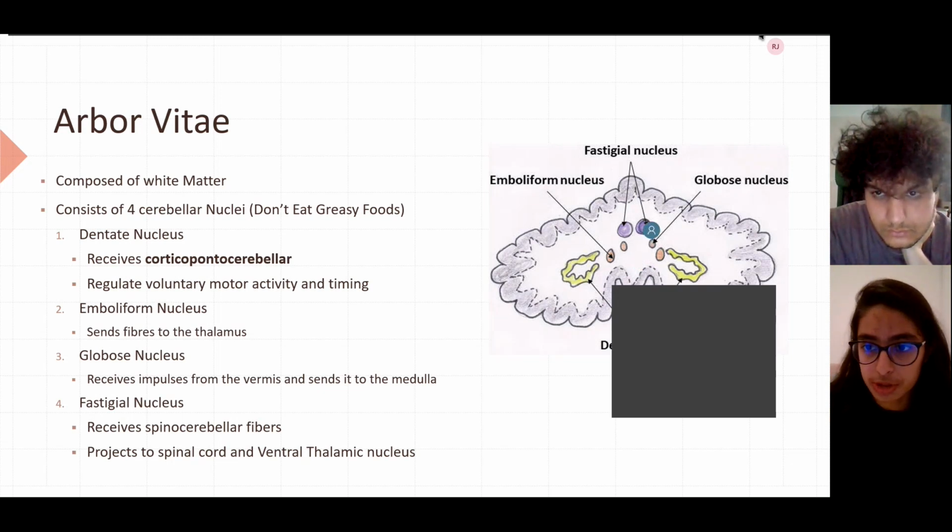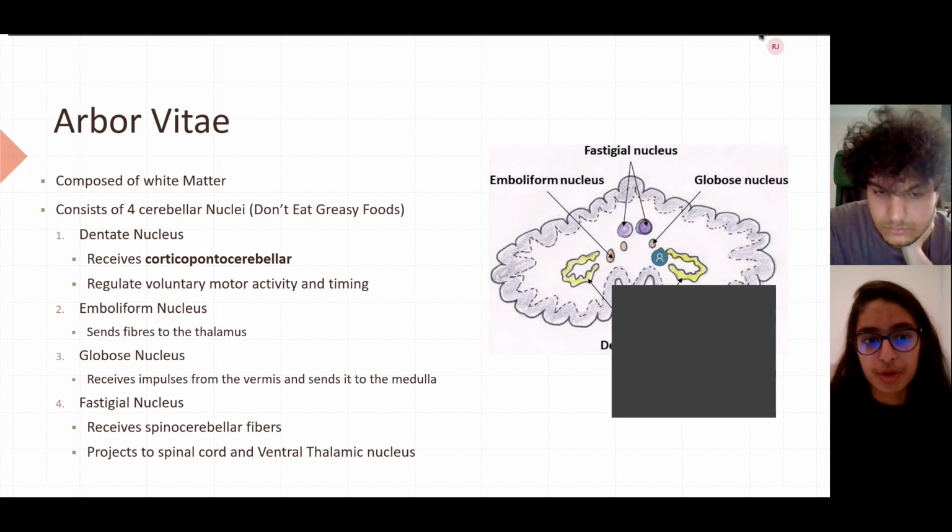Lastly, we have the fastigial nucleus, whose function corresponds with the vermis in the middle. Like we mentioned before, it receives inputs from your spinal cord as well as your main axis of the body. So it receives spinocerebellar fibers, and it also projects to the spinal cord as well as another thalamic nucleus called the ventral thalamic nucleus.